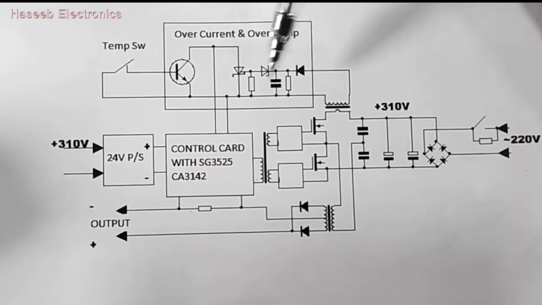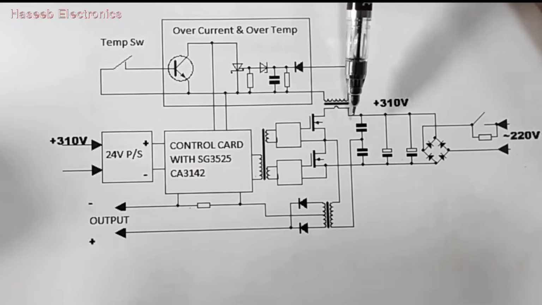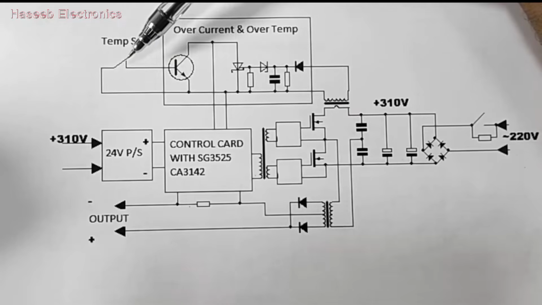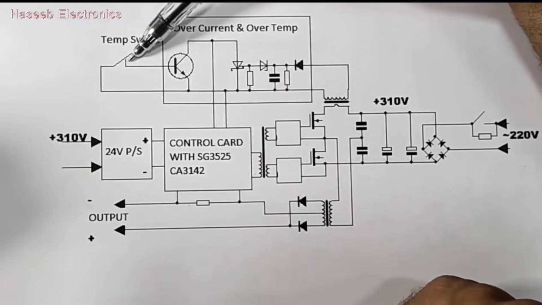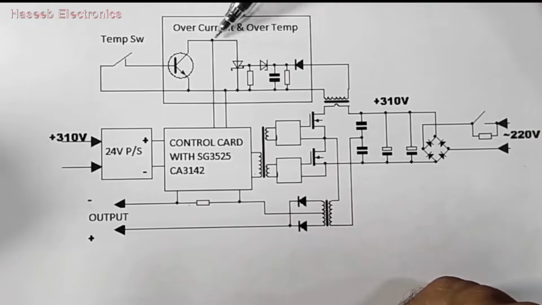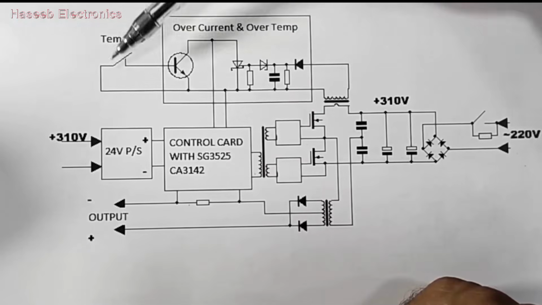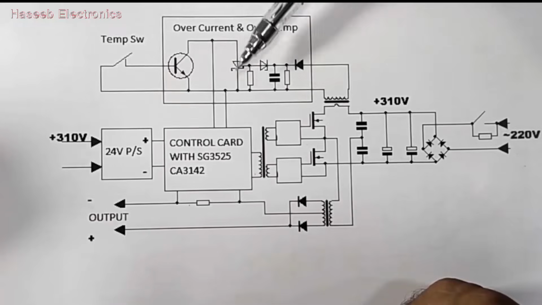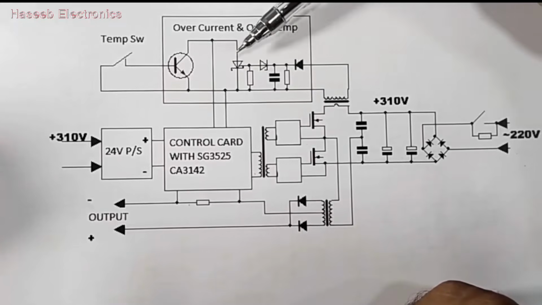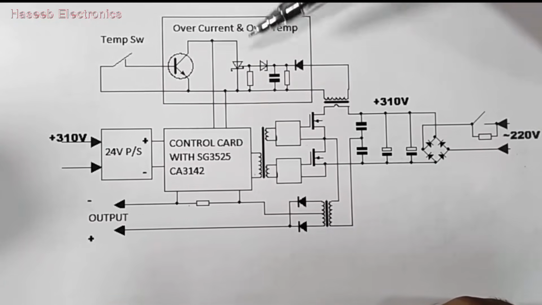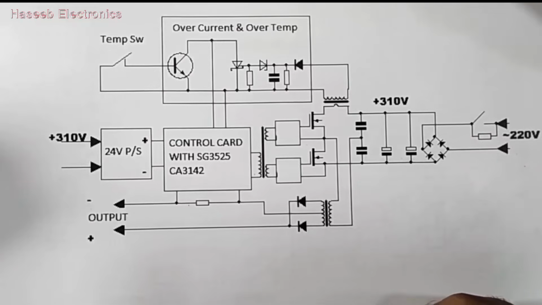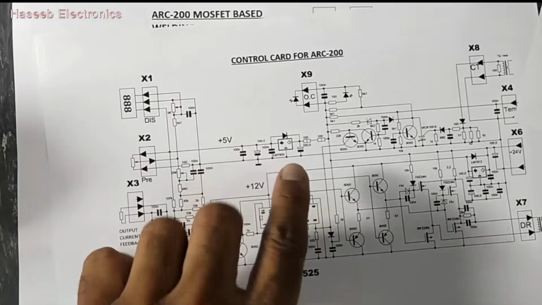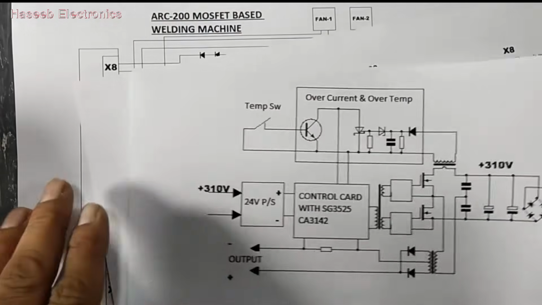If there is an over temperature, because these MOSFETs dissipate power, this temperature sensor will also sense the temperature and give information. If the temperature is high or the current is high, it will give OC or over temperature. In some machines we have overcurrent indication and over temperature indication. So let's check the detailed circuit, and then we will check the control card.